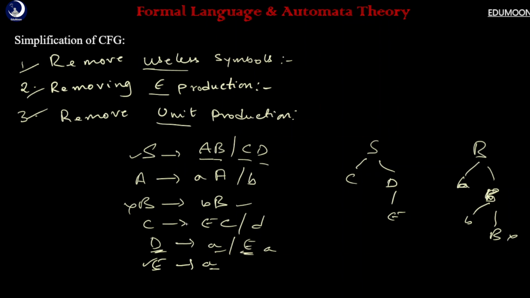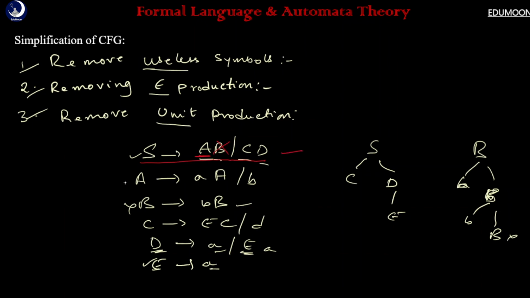So the final productions in the grammar contain only the values I am underlining here. These are the values that are available. We eliminated B, so since B is eliminated, the production containing it will be eliminated, and so A will also be eliminated, because only this production would be left.